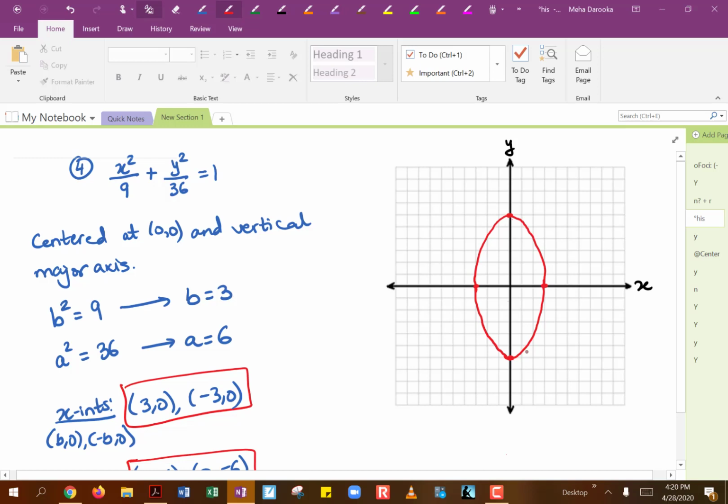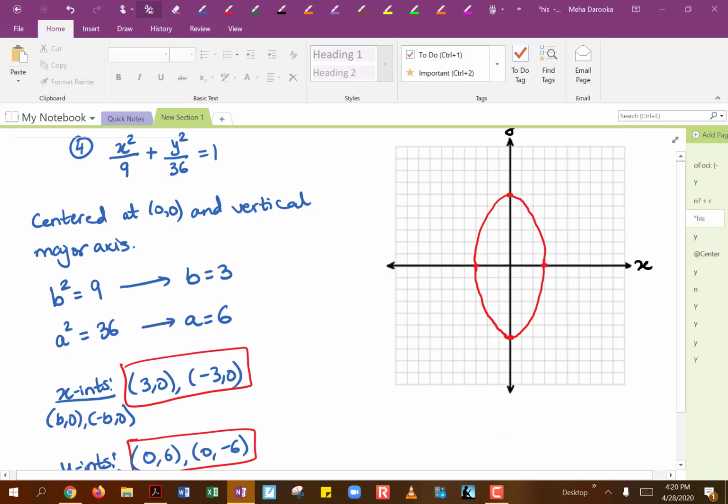There we go, something like that will be our ellipse with the vertical major axis.